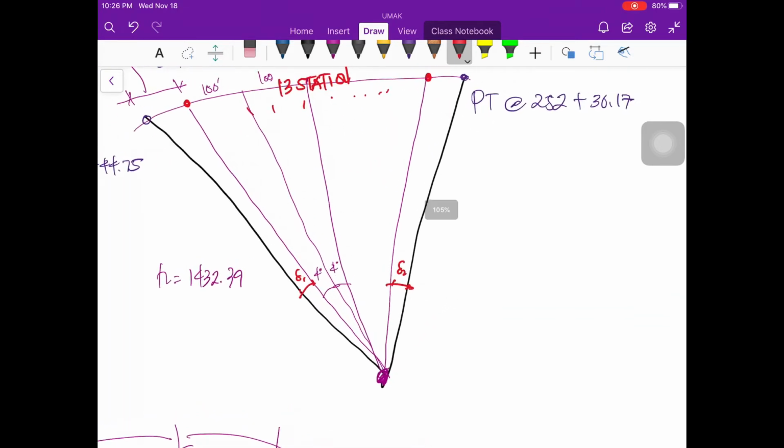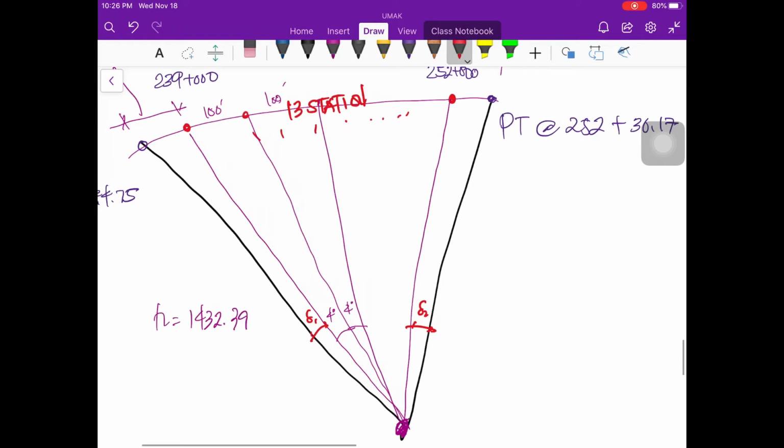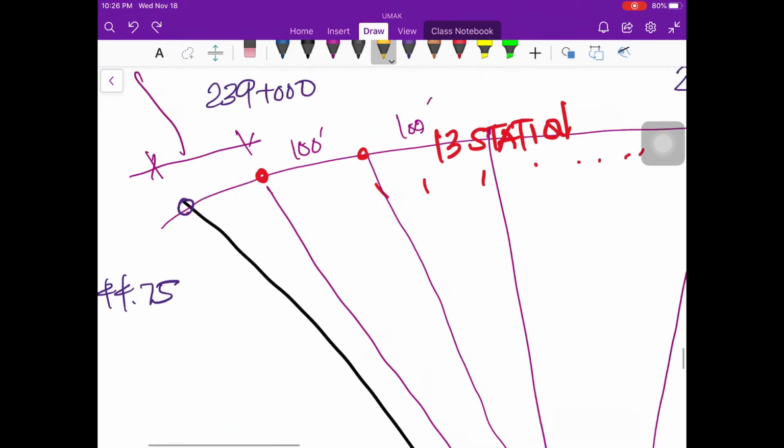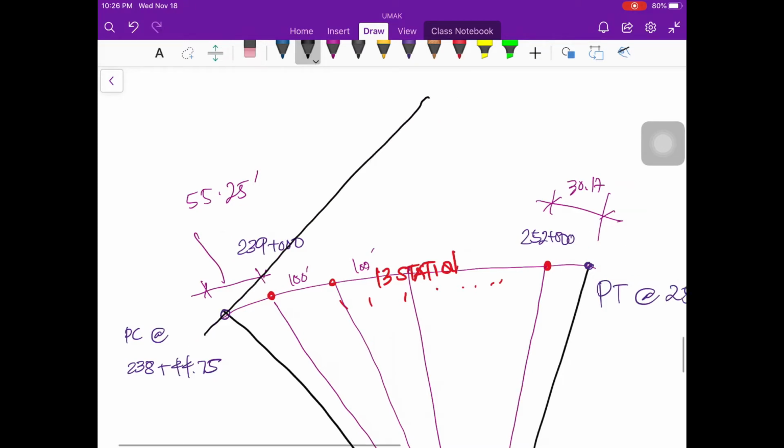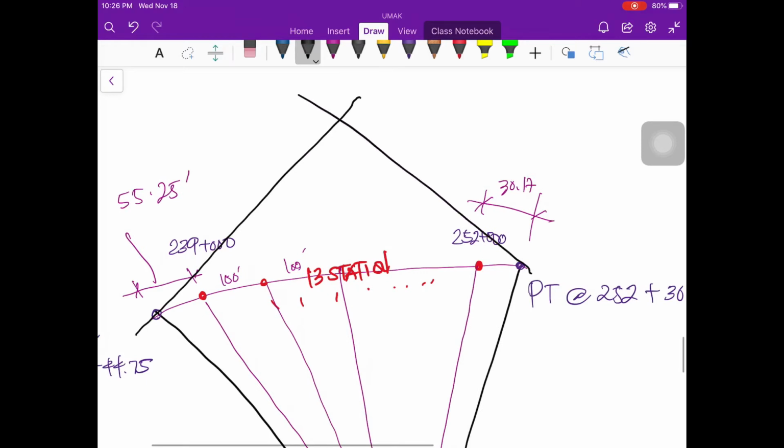Okay, as we tackled before, if this is gamma 1, the angle between, let's use another color like yellow, you have the tangent here.